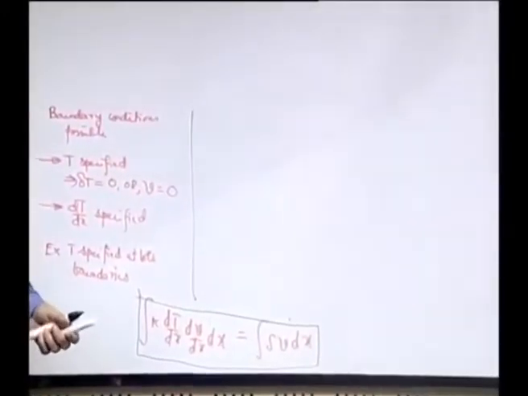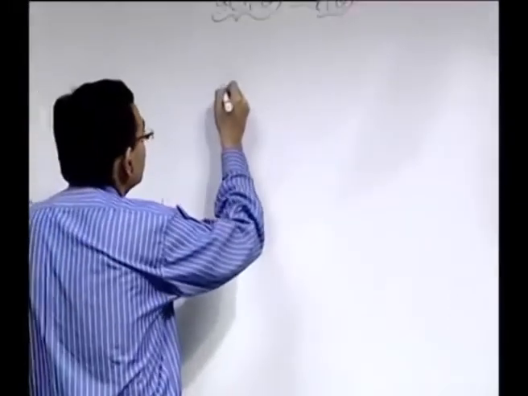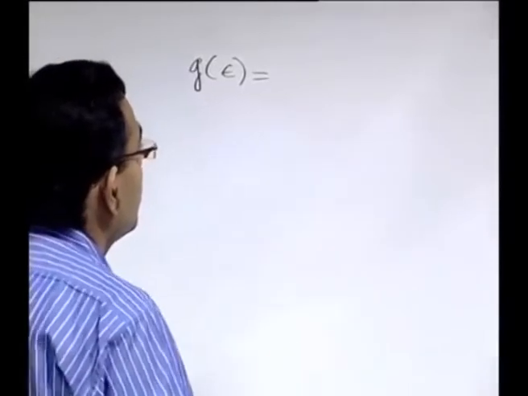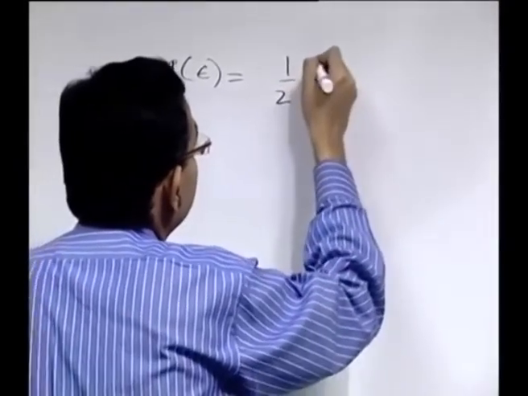Let us say that we have a function g of epsilon which is given as follows.